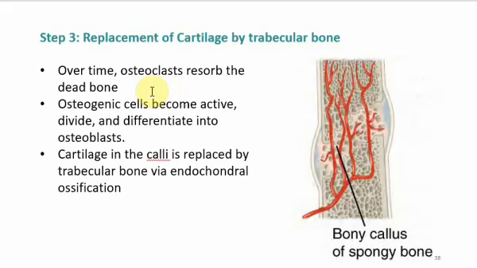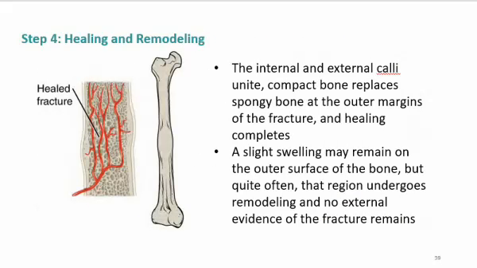Once that happens, the osteogenic cells become active. They begin to undergo cell division by mitosis and then differentiate into osteoblasts. Okay, the cartilage in the calli is then replaced by trabecular bone via the process called endochondral ossification, which we discussed earlier in our previous lesson.